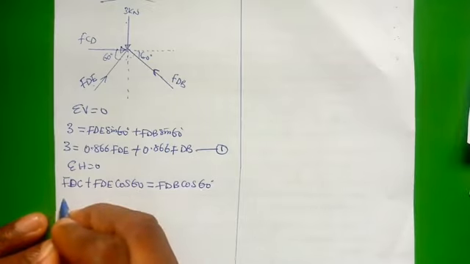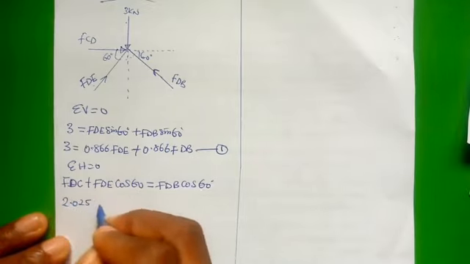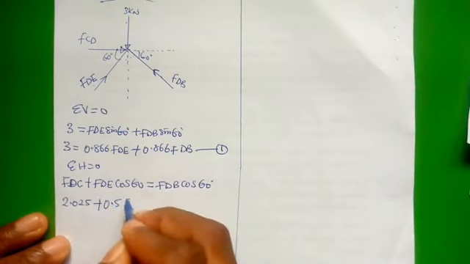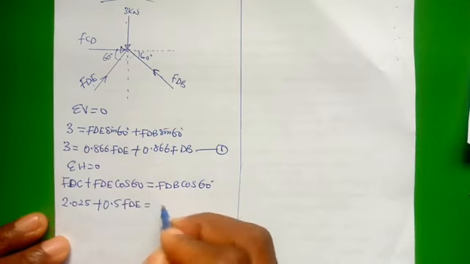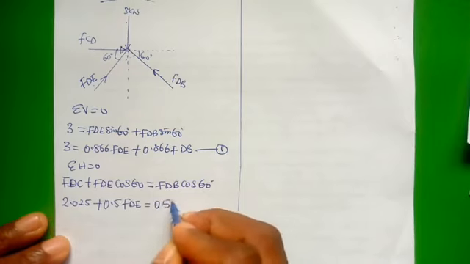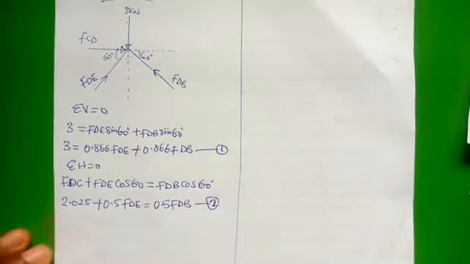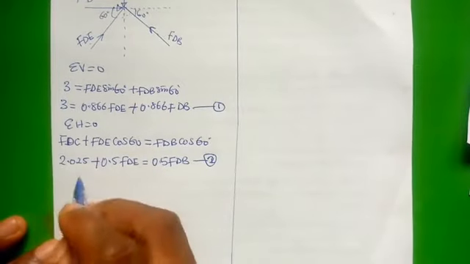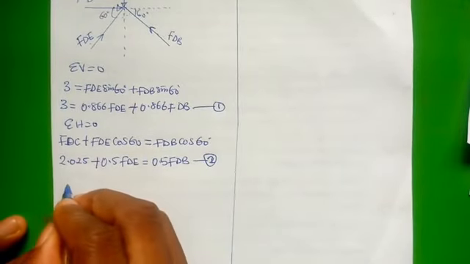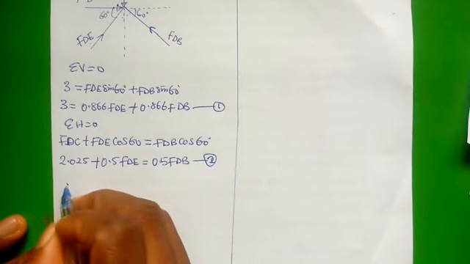And the FDC is 2.025 plus cos 60, which is 0.5 FDE, is equal to 0.5 FDB. Call this equation 2. Now, you can bring the equation 1 and 2 together and solve using either simultaneous equation method, or you can use matrix method, whichever one you prefer.